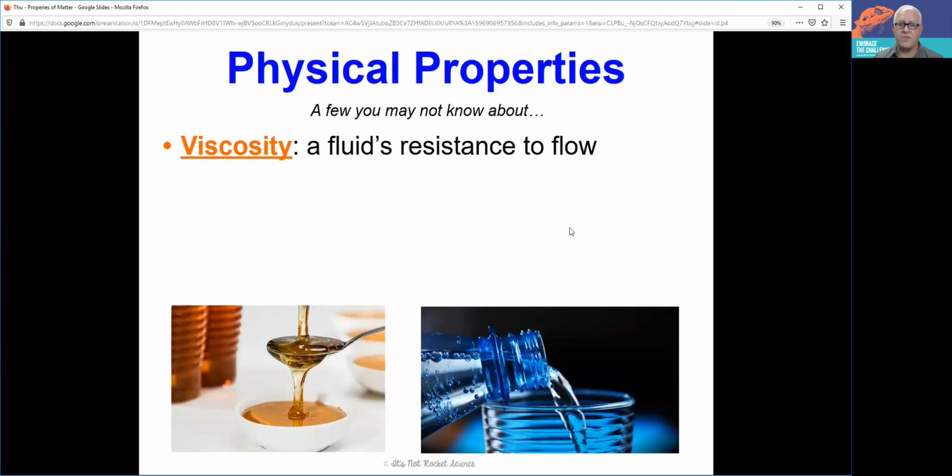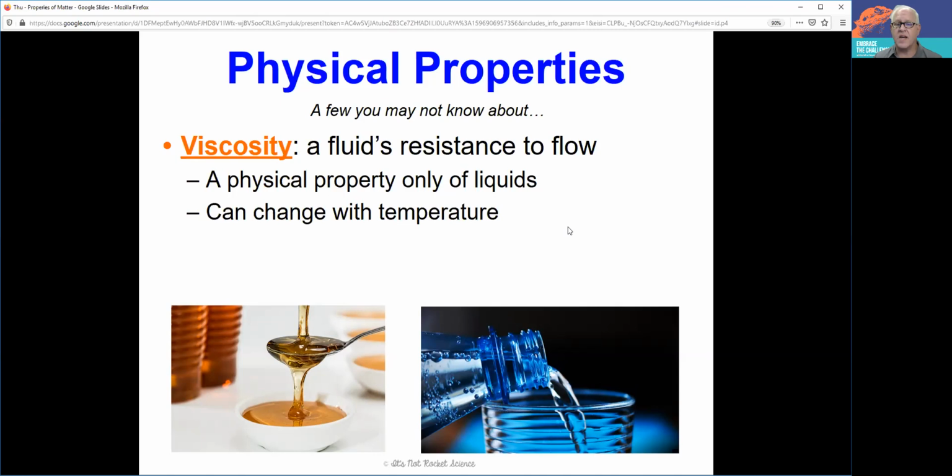Another physical property is something known as viscosity, and that's a fluid's resistance to flow. And this is a physical property only of liquids, and it can change with temperature. One of the more common ones that you see is honey. Honey has this resistance to flow.